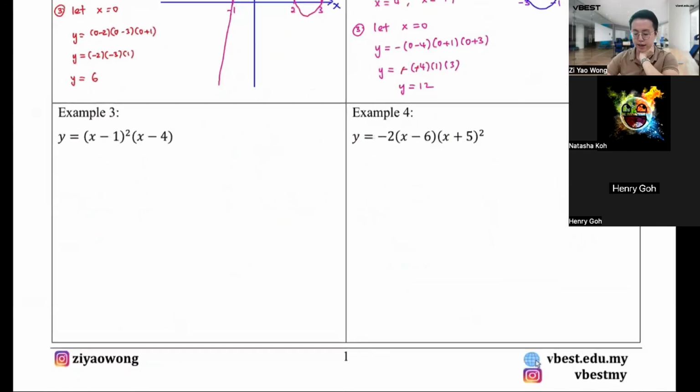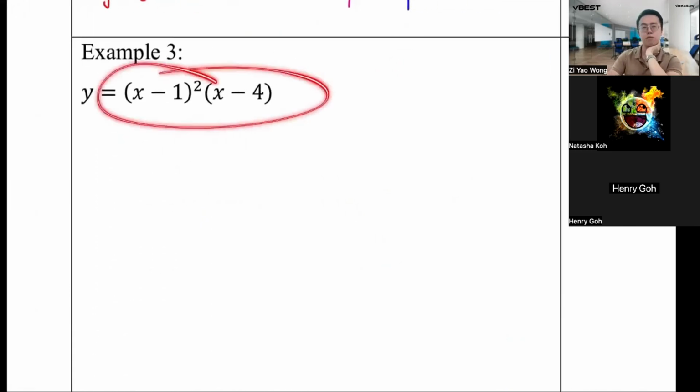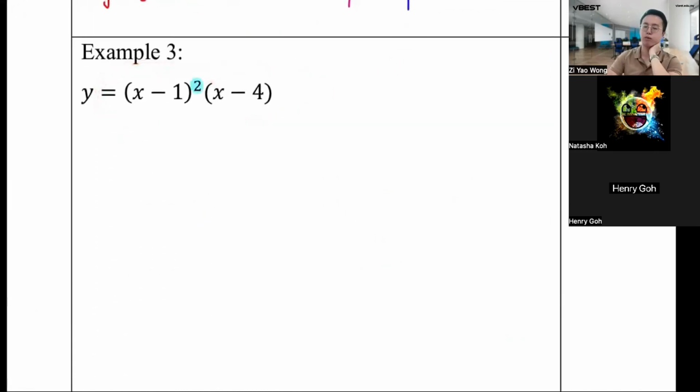All right. So guys, the next one, example 3. What about if you have a graph like this, where you have a square inside? Let's see, when you have a square inside, it will be a little bit different. Maybe you can all label down here first.